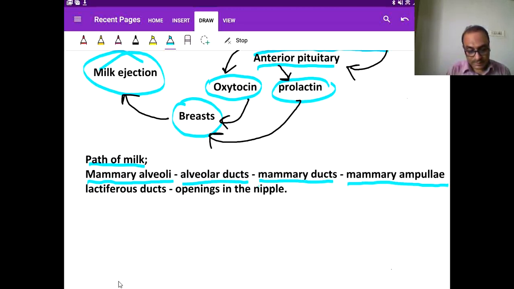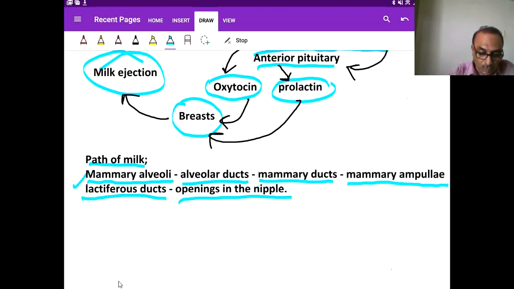Then the lactiferous ducts carry the milk outside through the openings in the nipple. This sequence has been asked in multiple choice questions in previous NEET or KCET examinations. So remember this sequence, and remember the parts of the mammary gland and their functions.